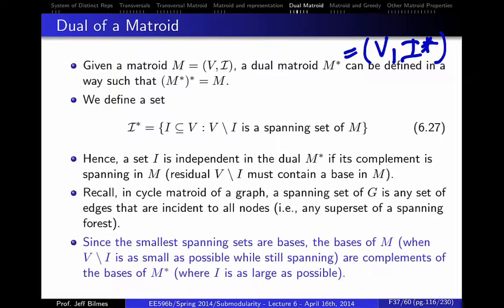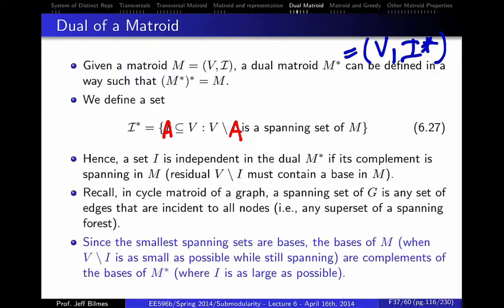Okay, maybe I should have done this differently. This notation is a little bit confusing possibly, but what if I define it as this? I say A is a subset such that the complement of A is spanning. So we're only defining the independent sets of the dual matroid by saying that the complements of the sets have to be spanning in the original matroid.